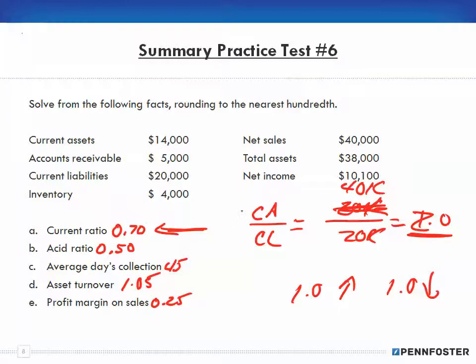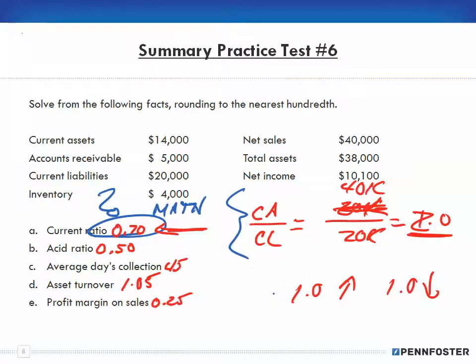Yes, you learned what those formulas are, and you learned how to plug in the numbers to do the math and arrive at a number. But what does that number mean? That's the thinking through these ratios to understand what they actually mean.